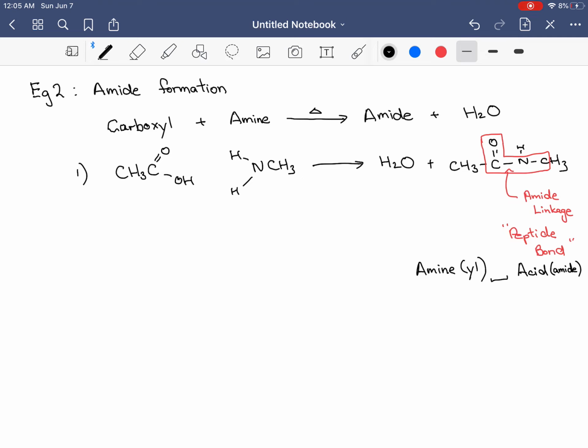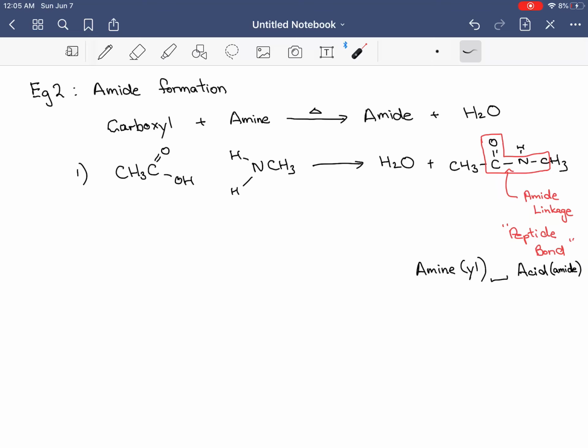All right, let's name this. Let's take a look at the amine portion. So let's name this part right here. The amine portion is this. This we will call the midpoint. This is where it starts.